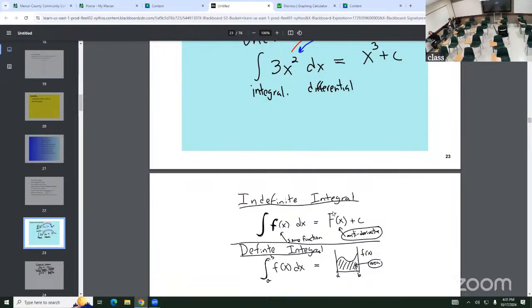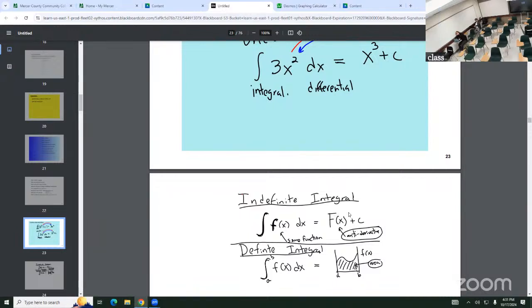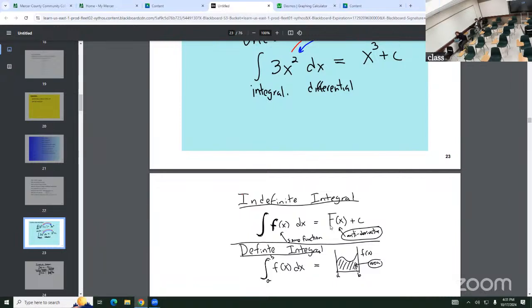You'll notice most of the time when we do functions, we use small letters, little g, little f, little h. Sometimes you can use capitals, but you have to be careful because they're specifically used to represent antiderivatives. This is definitely a question that shows up on your test.